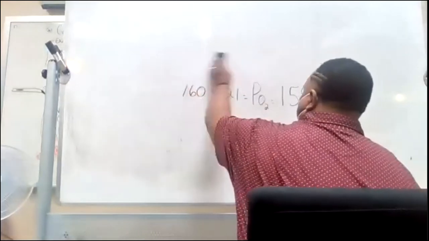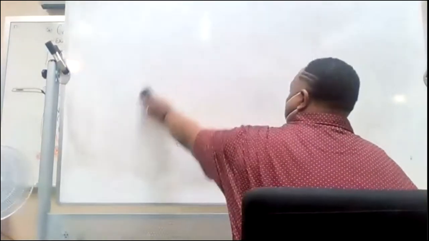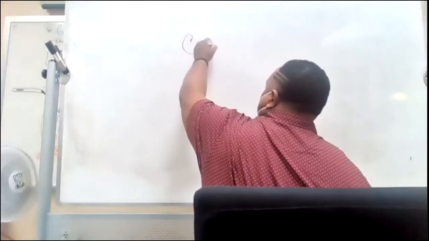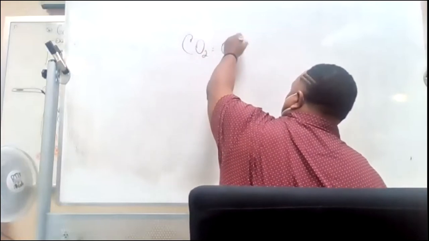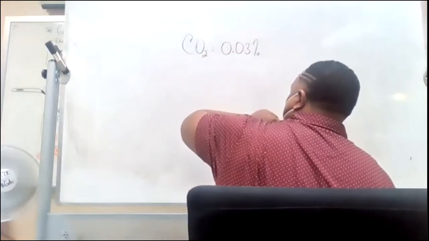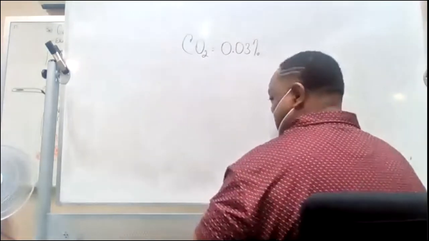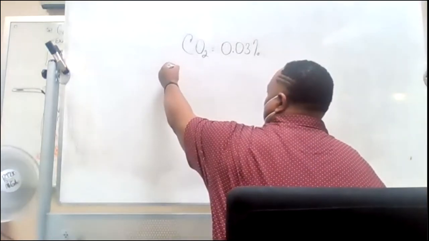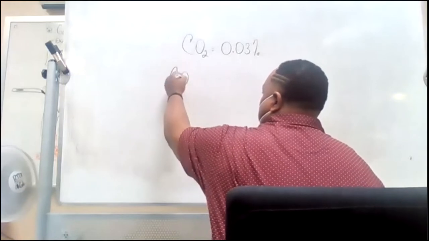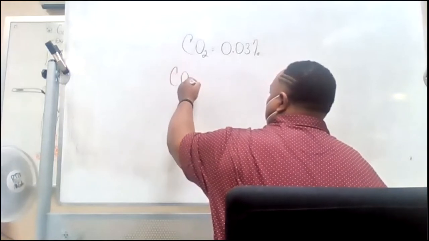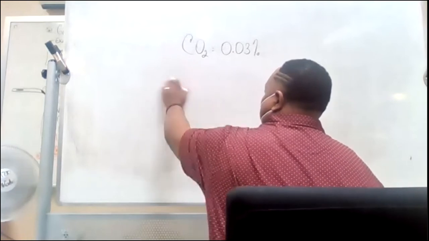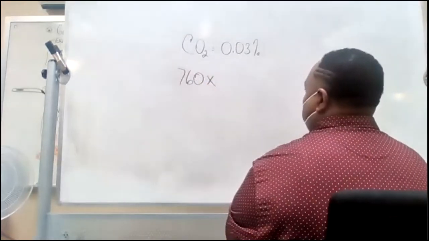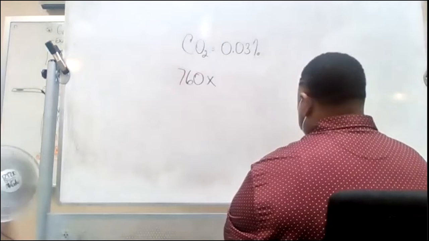All right, so that's oxygen. The next one, let's say CO2. CO2 is 0.03%. How much pressure would that be? I would have to do 760 times, no, that's a percent.